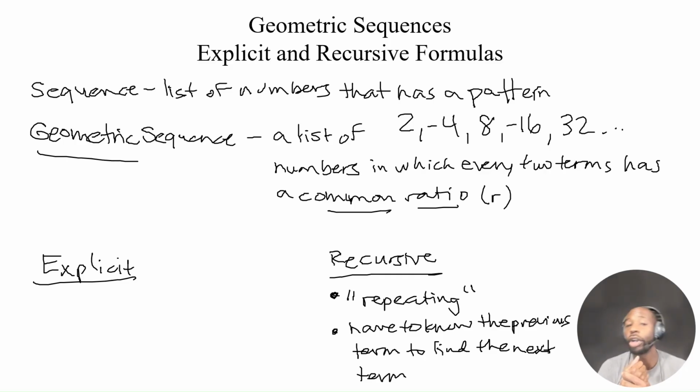You have to know term number 2 to find term number 3. And for term number 2, you had to have known term number 1. To know term 47, you have to have known term 46. And so it's a formula that you have to use multiple times to find whatever term that you're looking for.